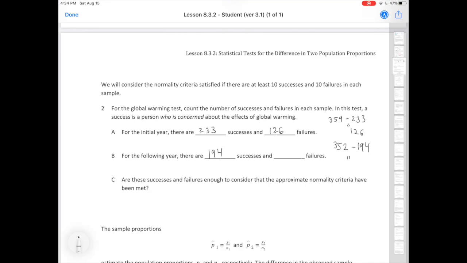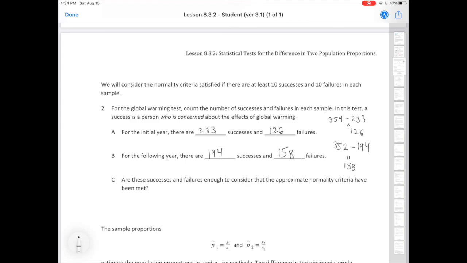What does that give us? This should be 158. Okay, if you use your calculator, that's what you get. So I put 158 right here. Okay, so that's the number of successes and failures.